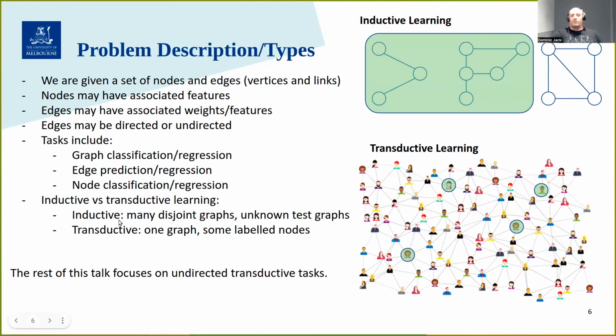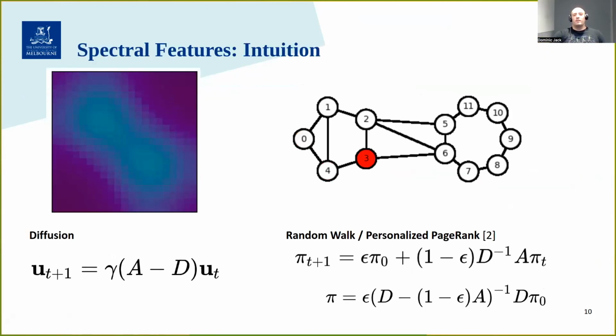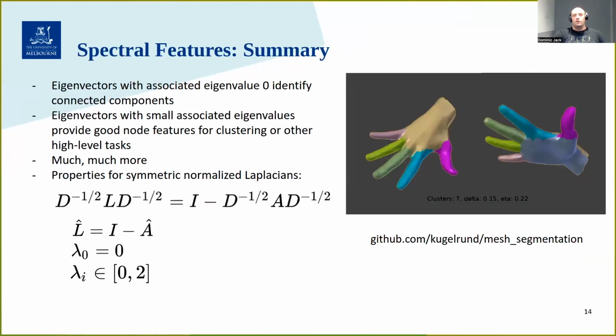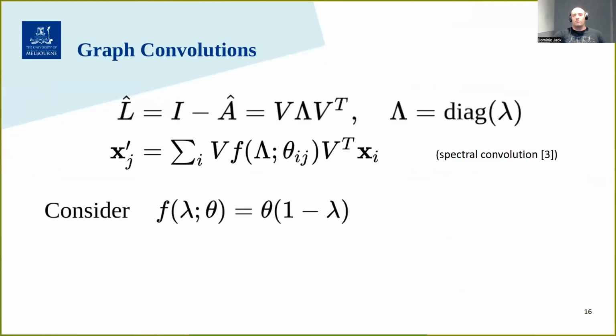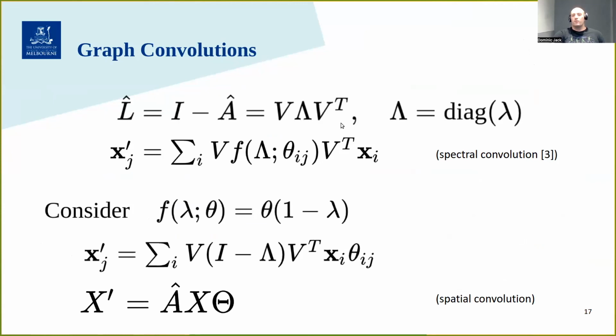Yeah, so that's the inductive problem. It's definitely a commonly used thing. You have to be a little bit careful with spectral convolutions if you do something like this, because your eigen decomposition is going to come back in maybe different orders based on the graph.